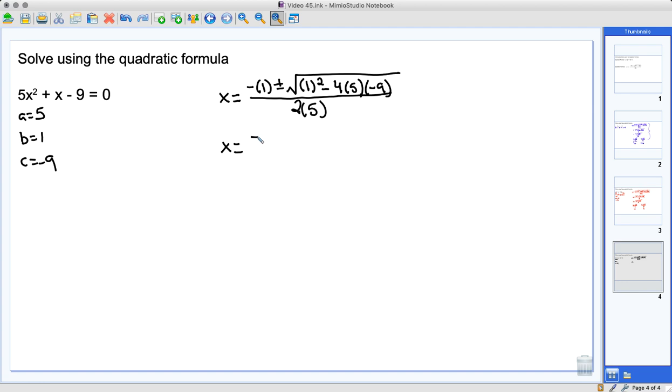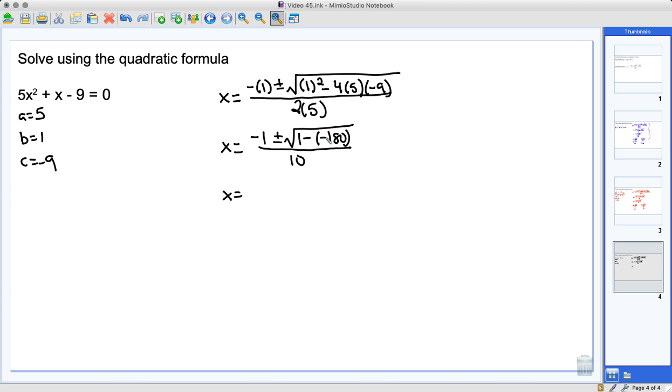So that becomes negative 1 plus or minus the square root of 1 minus negative 180, because 4 times 5 is 20, times 9 is negative 180, all over 2 times 5, which is 10.